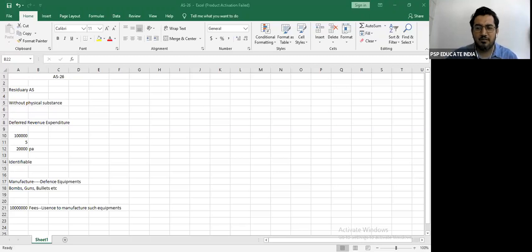Ishika, if you cannot sell it, can you internally use it for your business? Yes or no? Yes. Then since you can internally use it, it is definitely your asset.